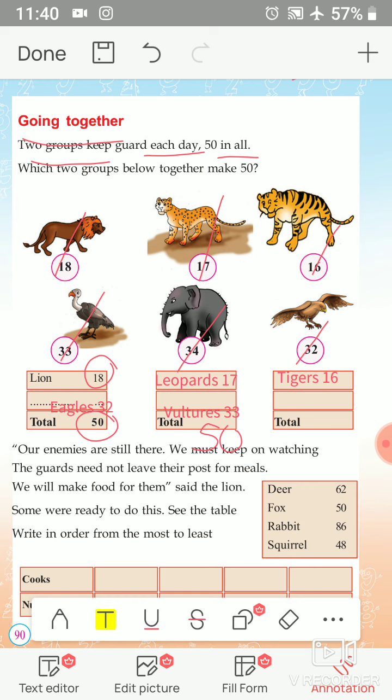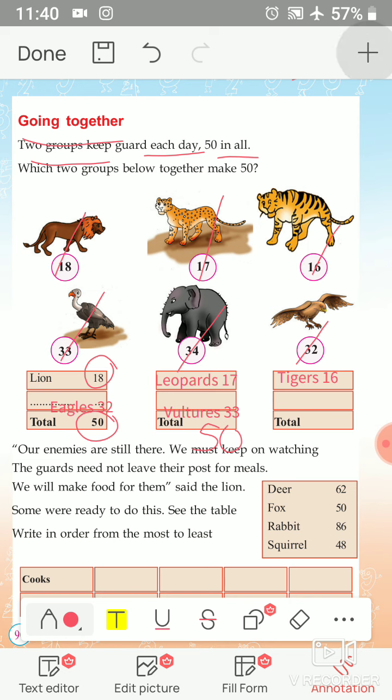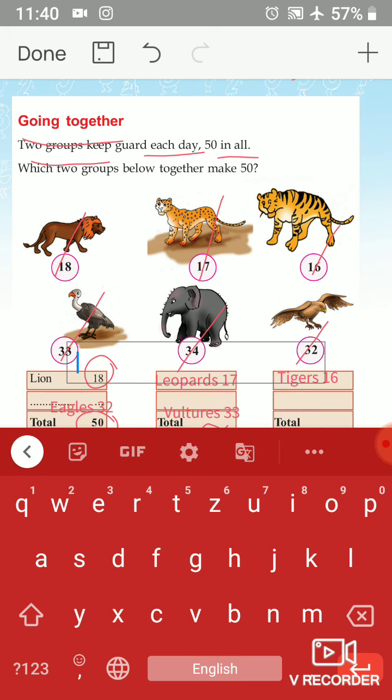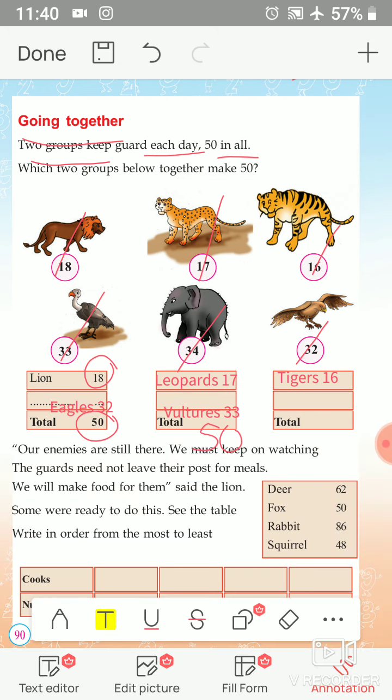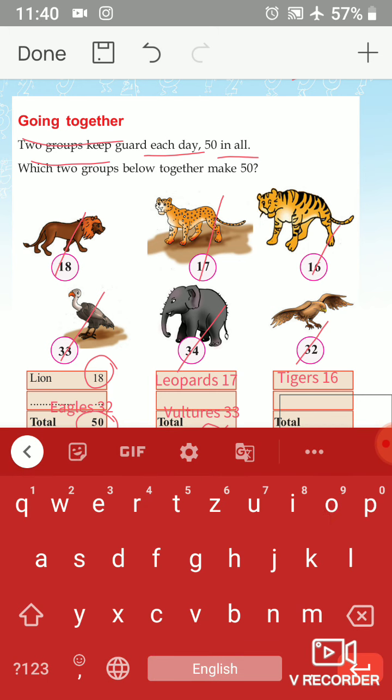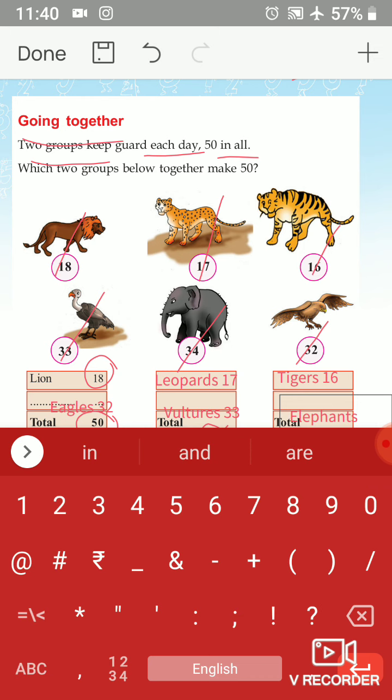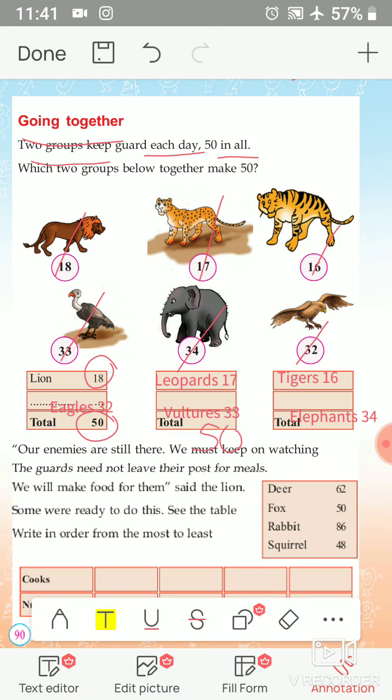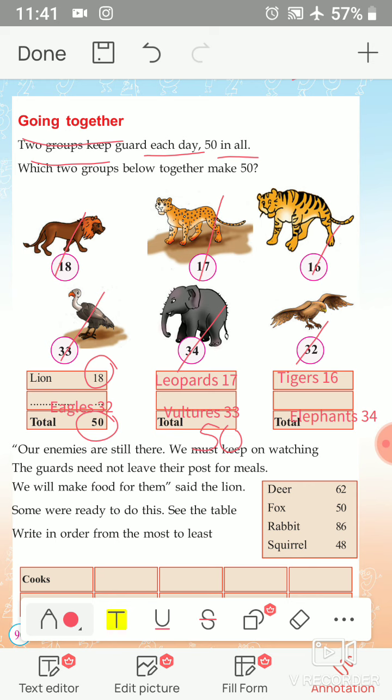Yes, elephants. How many elephants are there? 34 elephants. So all of you write here: 34. Okay, that means the total is again 50.